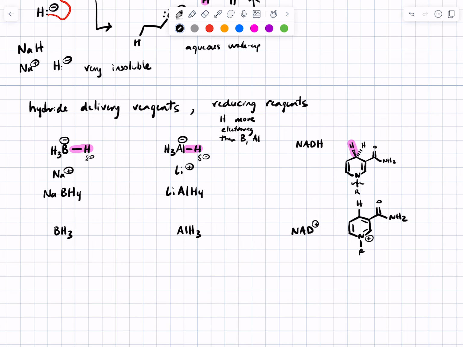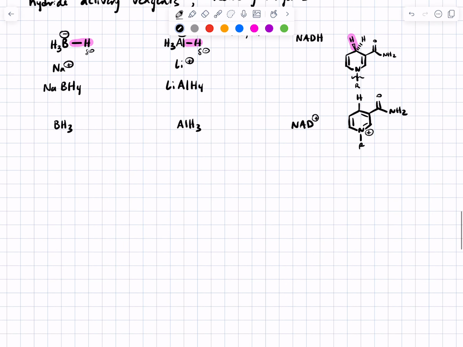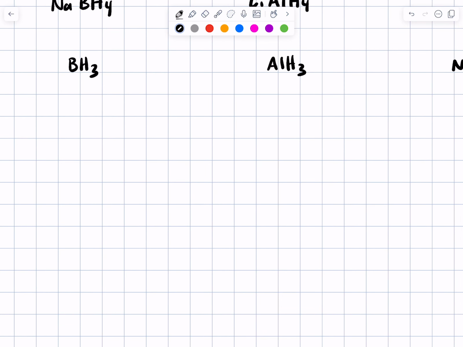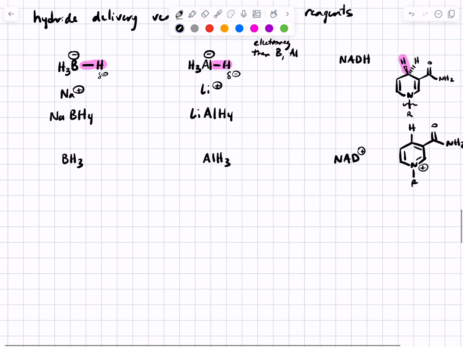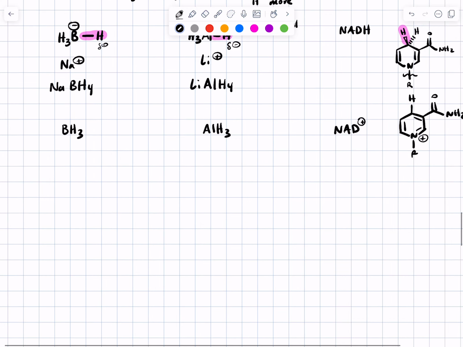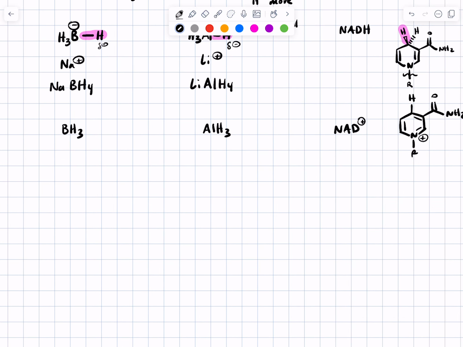So for our epoxide opening reaction, let me show you with lithium aluminum hydride how this would work. Suppose your epoxide is this one, where carbon A and B of the epoxide are not the same.